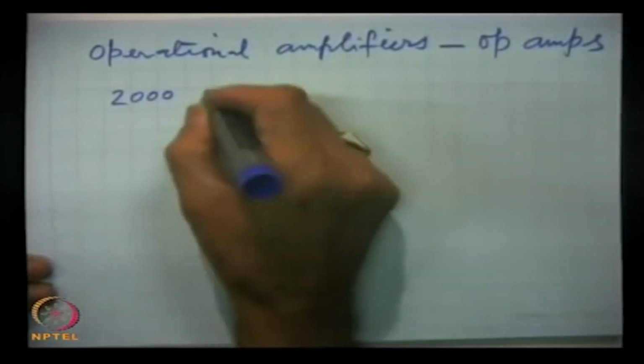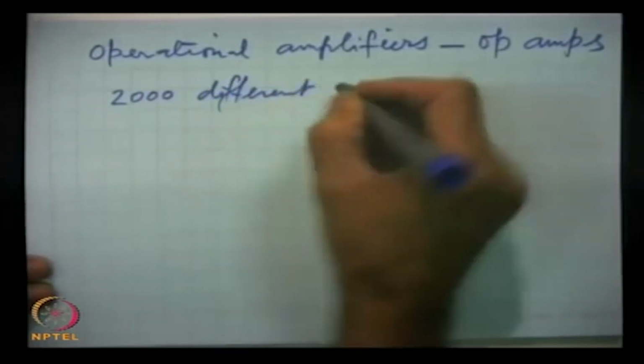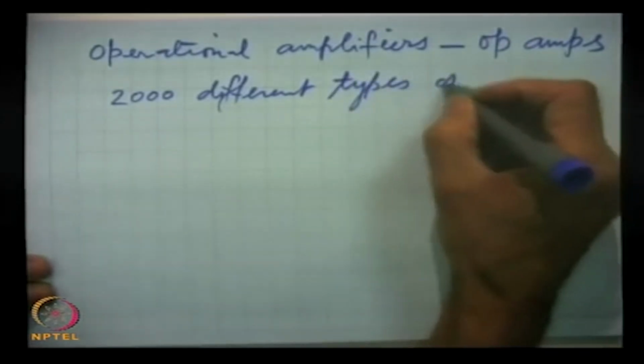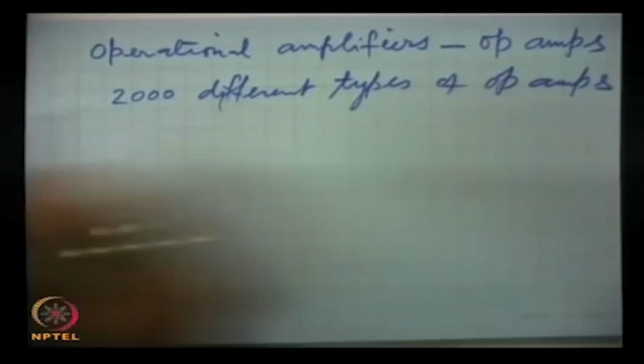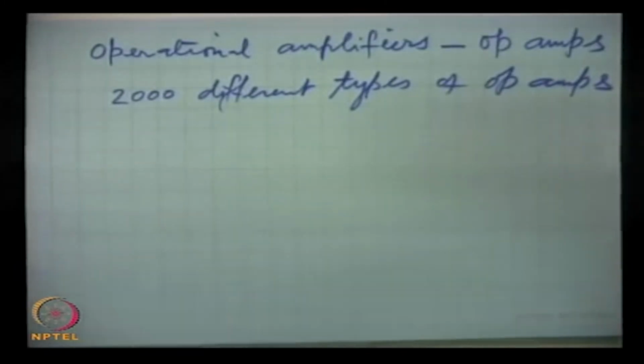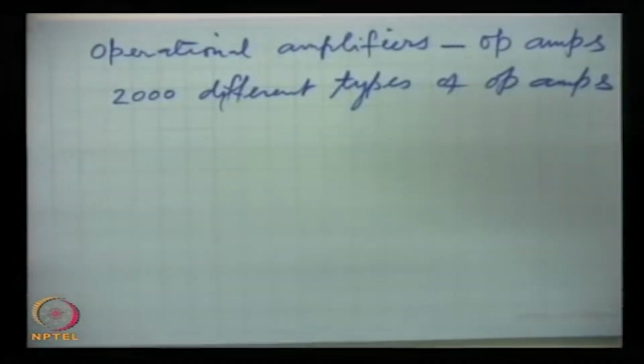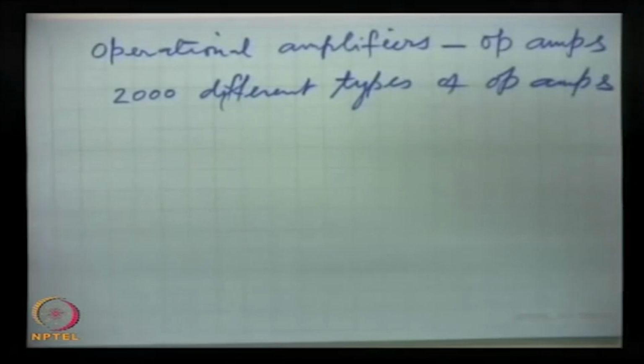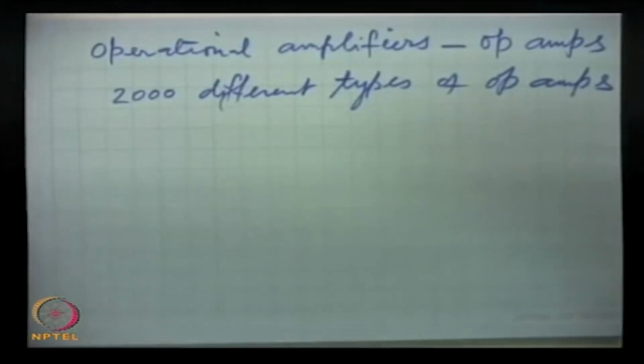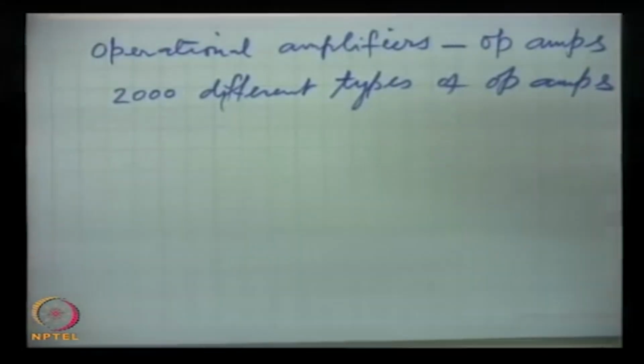There are more than 2000 different types of op-amps commercially available, and they are very inexpensive. Why such a large number? Because different applications require different characteristics, so to meet those requirements, op-amps have been developed with different characteristics.